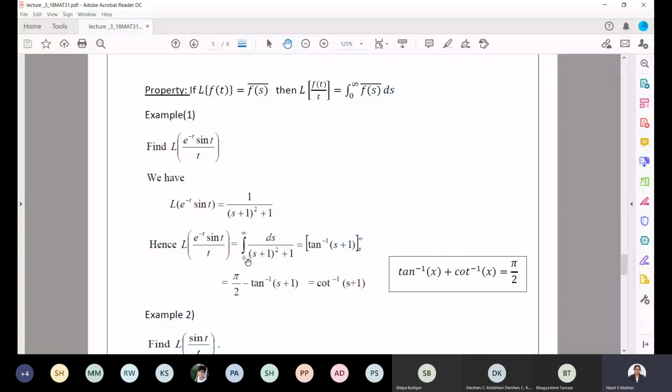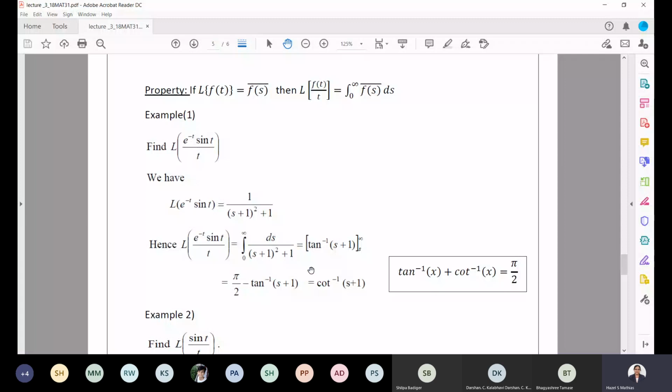I have written s to infinity. Why is it s to infinity? When it is s square plus a square, I can directly write it. But here you have to get this by making the substitution. So take t is equal to s plus 1, and using that you get the limits.